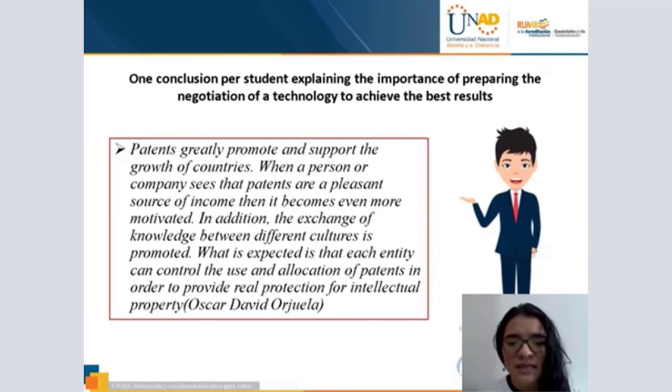In addition, the exchange of knowledge between different cultures is a promise. What is expected is that the agent entity can control the use and allocation of patents in order to provide real protection for intellectual property.